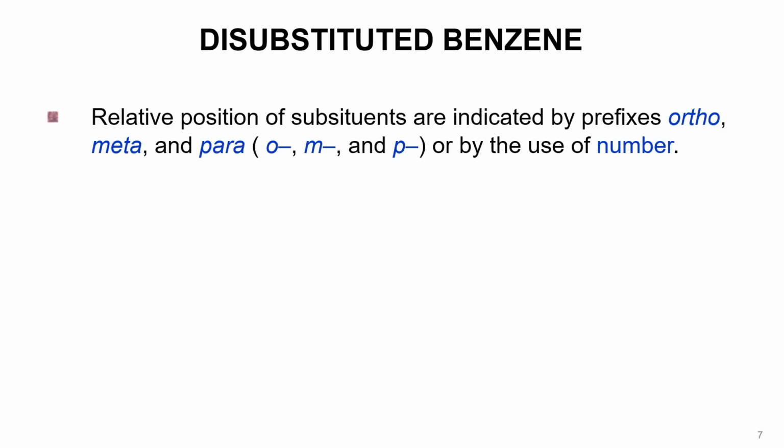Next is nomenclature for di-substituted benzene. There are two types of di-substituted benzene. The first one is for two same substituents, and the second one is for two different substituents. Relative positions of substituents are indicated by the prefixes ortho, meta, and para, or by the use of numbers.